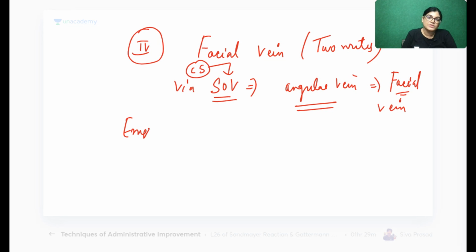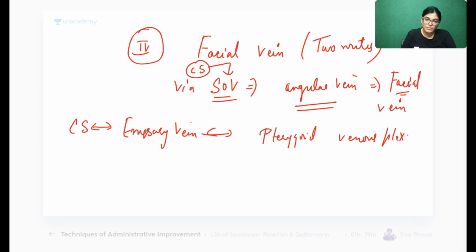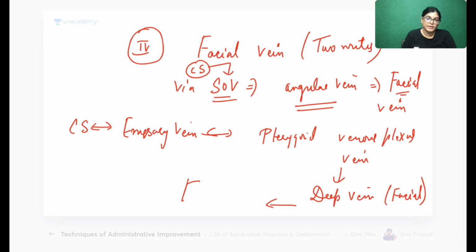The other route is via emissary vein, which communicates with pterygoid venous plexus, and then with the deep facial vein.